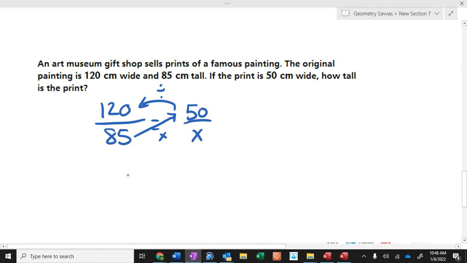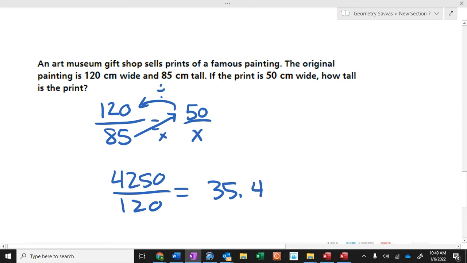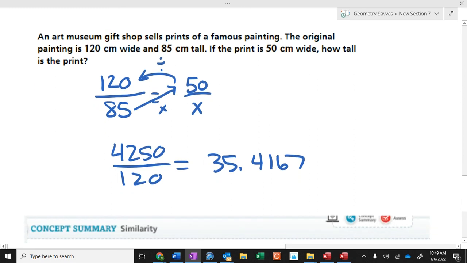It's like 4,250, and divide it by 120, and that doesn't work out to be a very nice looking number. But what is it? 35 point what? It's like 35.4167. Okay. So it's kind of an ugly number, but it's all right.